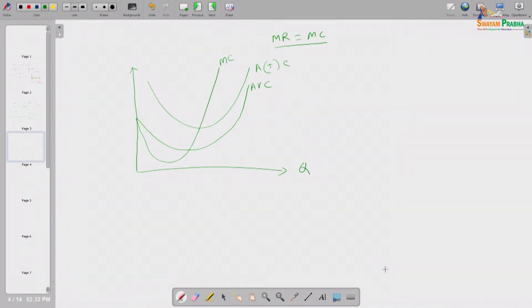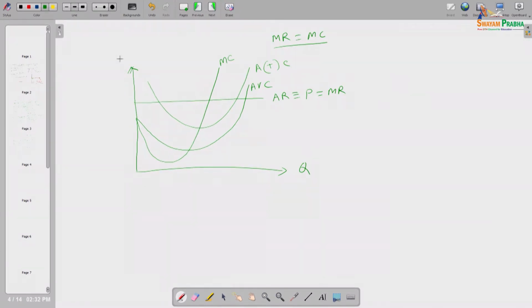And now suppose we are plotting this average revenue, which is identical to price, equals marginal revenue.